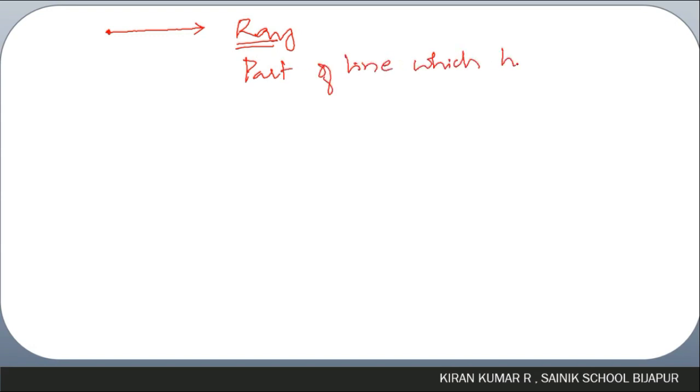Now let me consider a part of the line. This is called a ray. This is a part of a line which has one end point.